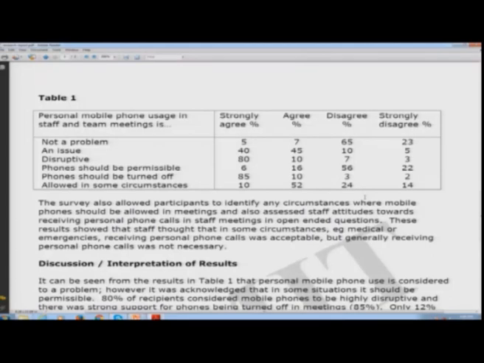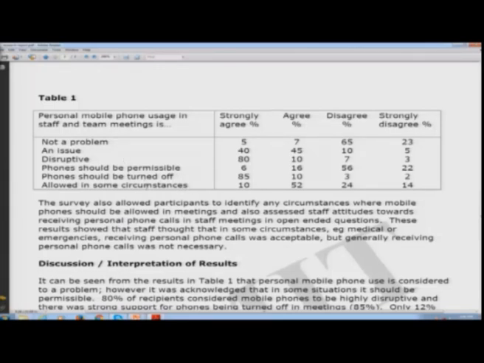The stats are given here in table 1. Personal mobile phone usage in staff and team meetings is not a problem, an issue, disruptive, phones should be permissible, phones should be turned off, allowed in some circumstances.